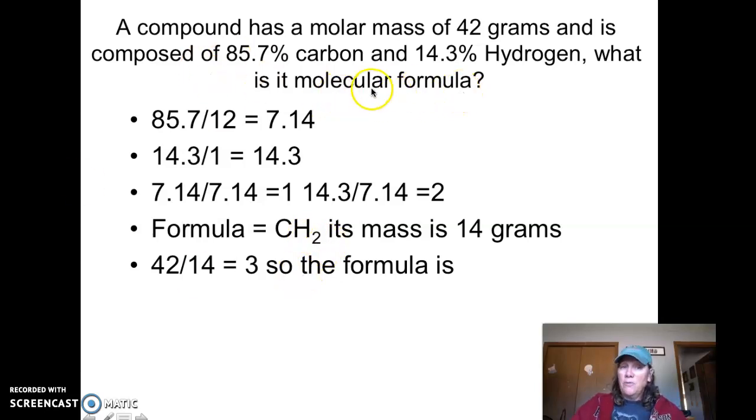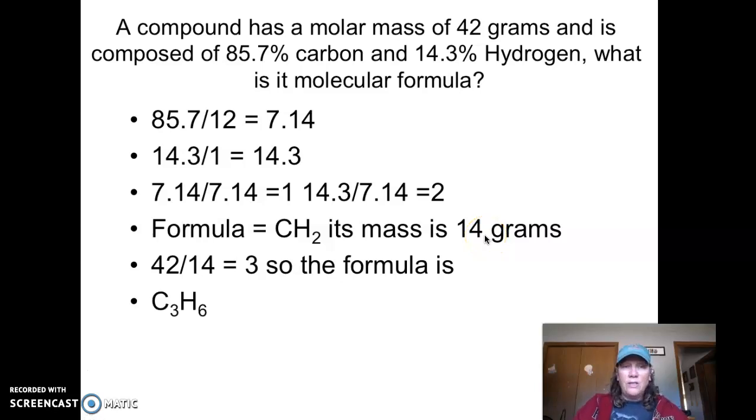Its simplest formula is CH2, but again, because this is a molecular compound, we can have multiples of these. So you just take the mass they give you and divide by the formula mass of the simplest substance. I took carbon's 12 and there's 2 hydrogen. That's where I get the 14 from. And so that's my formula.